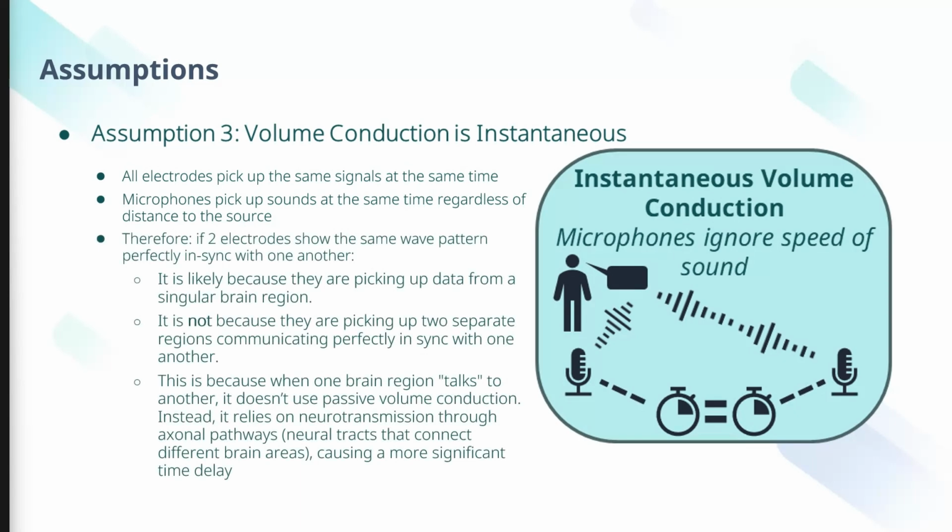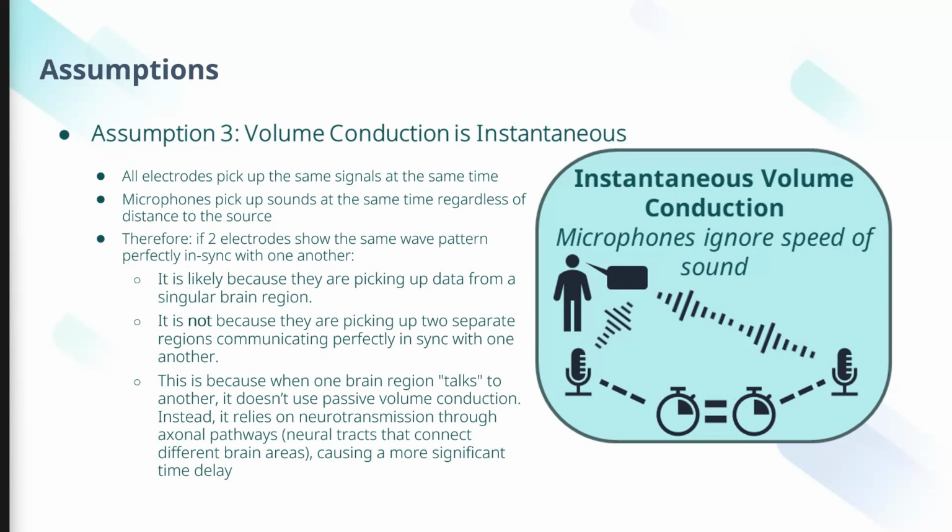So that means in our brain case that if 2 electrodes are reading the same wave pattern perfectly in sync, it's more likely than not that they're just picking up data from one singular source, not that they're picking up data from 2 separate sources that are just perfectly in sync with one another. And that's because what we read on the electrodes is passive volume conduction. So we're just reading electricity kind of loosely flowing between the source and our scalp.